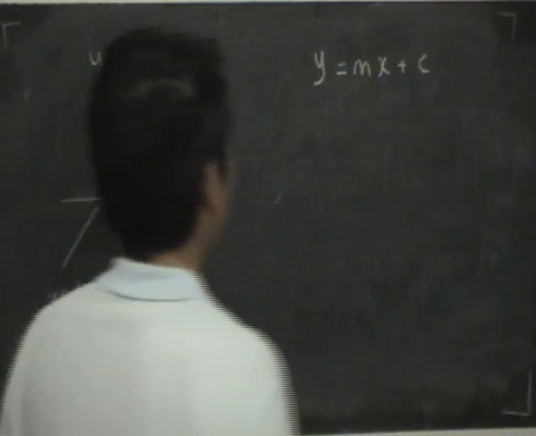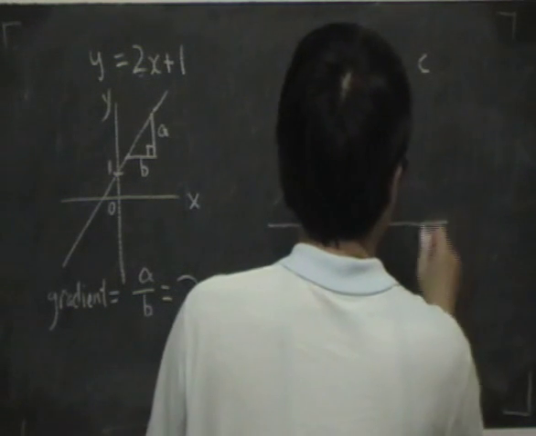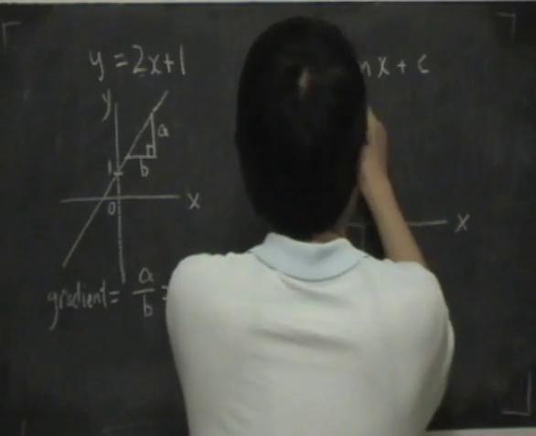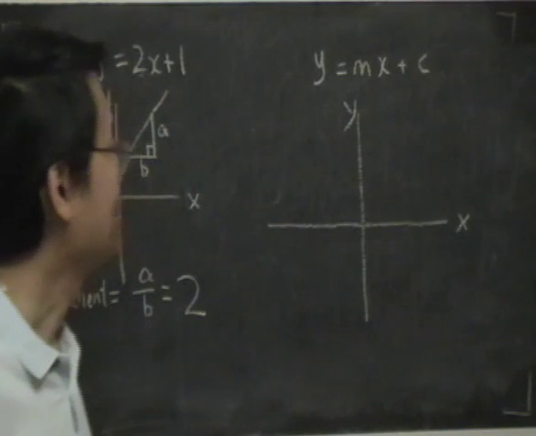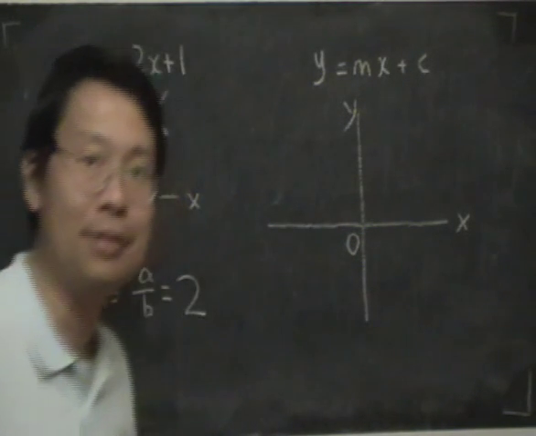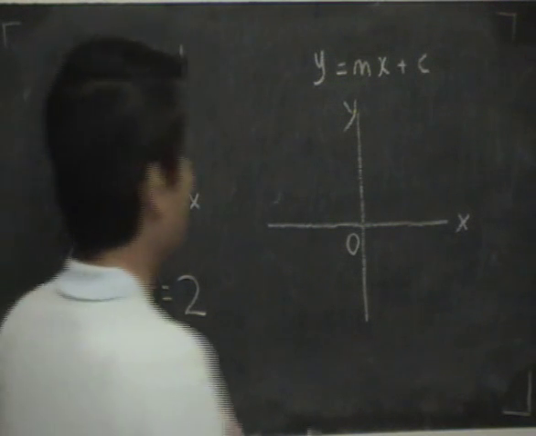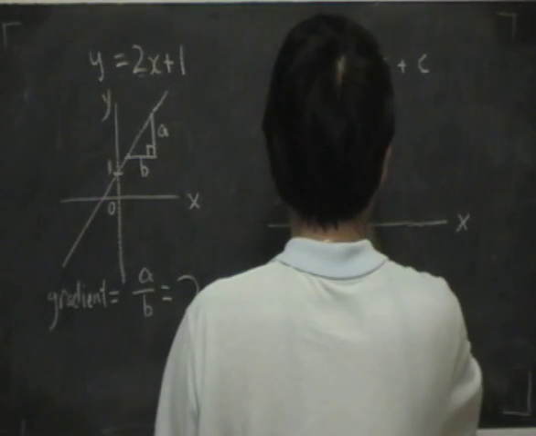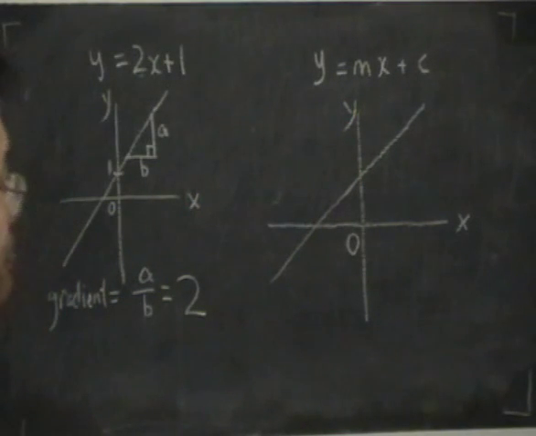Now, if I imagine drawing a graph for that, what would it look like? Right, so it will look something like that. There's some horizontal line, some slanted line.